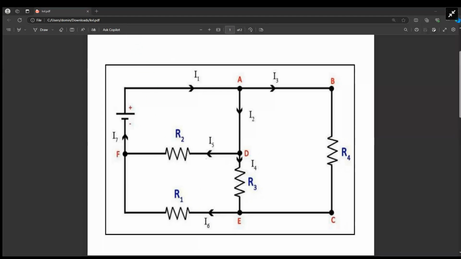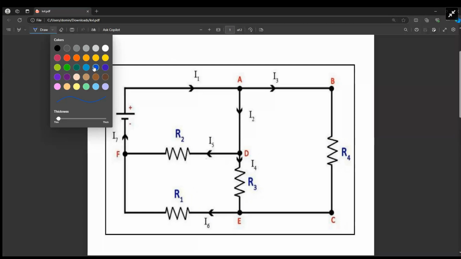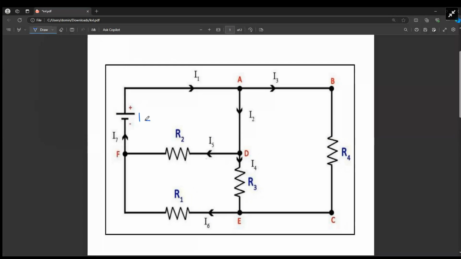This question was posted by Oranu and it asks, given that the voltage supplied to the circuit is 12 volts, so this could be a 12-volt battery. R1 and R2 are both 1,000 ohms, so it could be 1 kilo ohm, and this is also 1 kilo ohm.